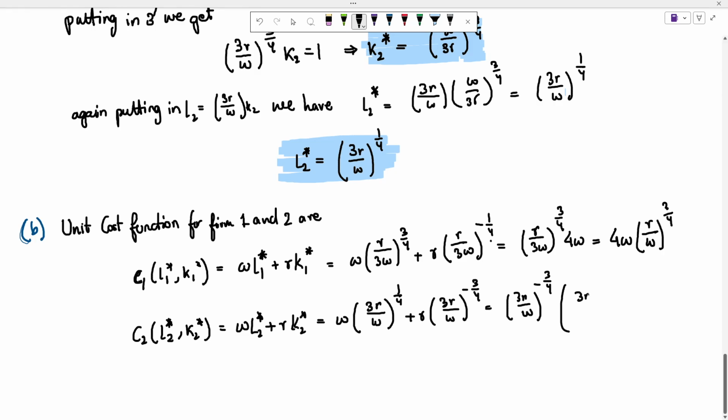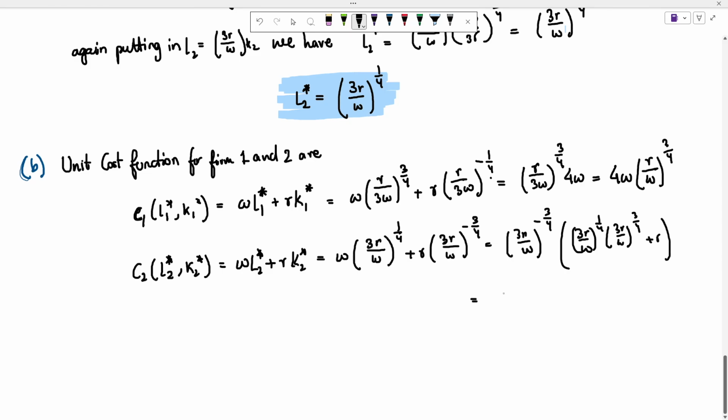We are going to have 3r by omega to the power 3 by 4 plus r.